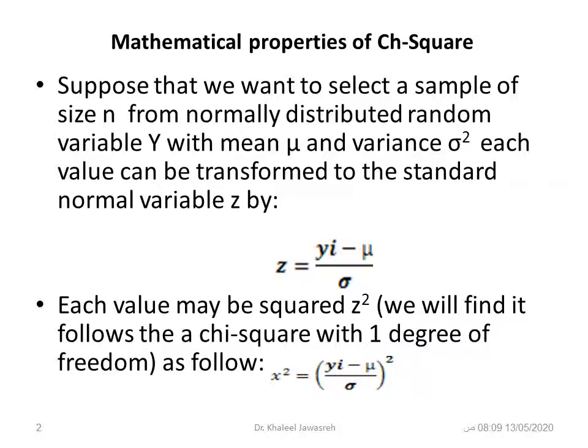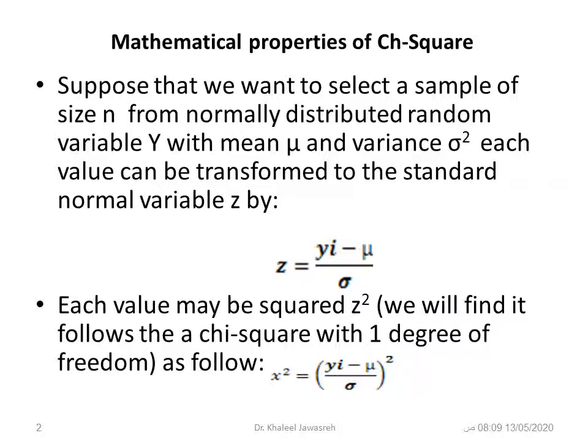So our assumption here is we have a normally distributed random variable, which is y. We have a sample of size n that is drawn from a large population of mean mu, as you learned previously, mu is the mean for the whole population, and sigma square is the variance of this large population.